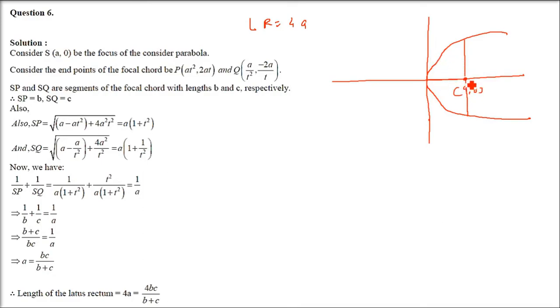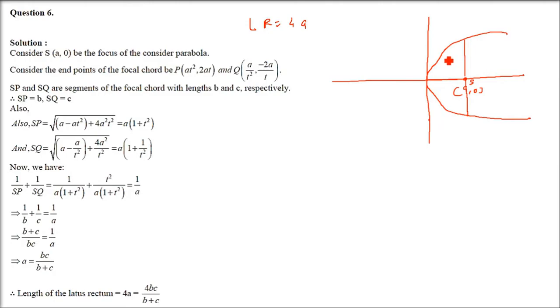In the theory, when we were discussing and explaining, I told you that a focal chord is nothing but a line from any point on the parabola to the focus. So take any point.